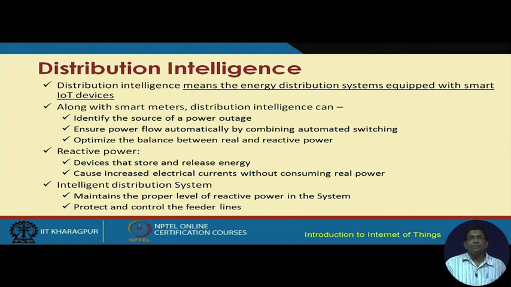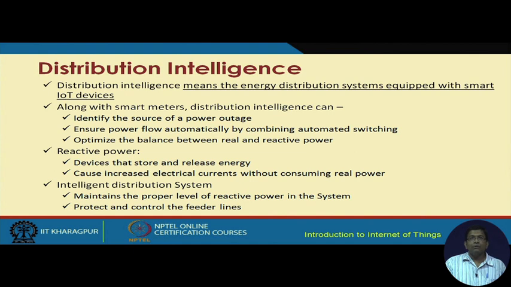Along with the smart meters, distributed intelligence can help to identify the source of power outage. Different sensors are used, and from the data retrieved from each of the sensor locations, it is possible to find out automatically in a very intelligent way where things are going wrong, what the source of the power outage is.